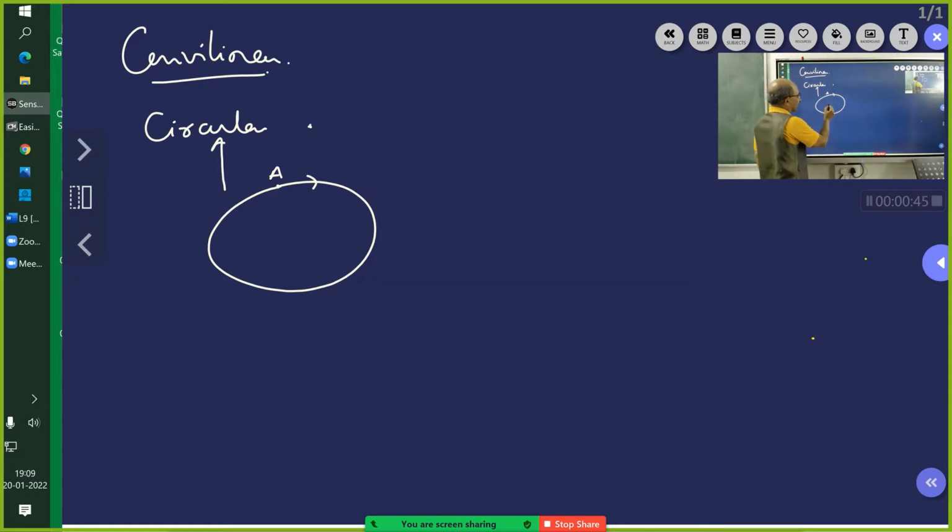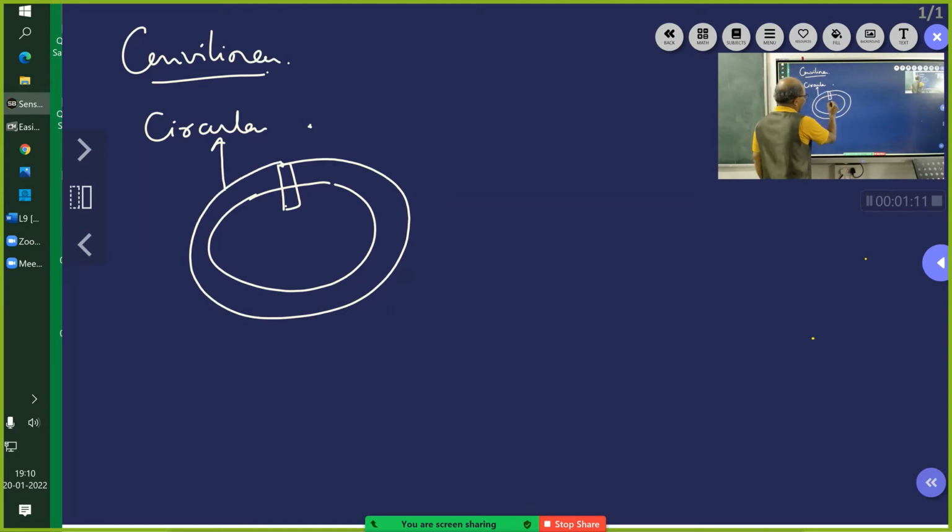Now, at the same time, if this is an object, and if this object also moves in a circle, that is, you take this point of the object here, it also completes the circle, and this point of the object also completes the circle, like this.